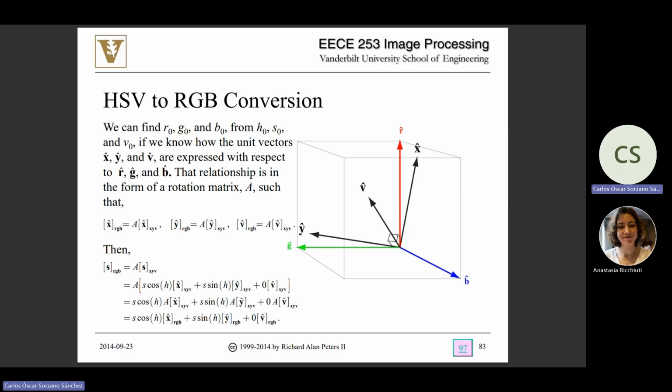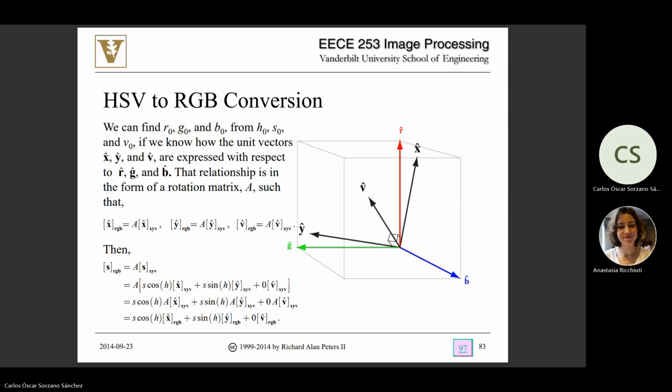So the matrix times the coordinate. What are the coordinates? It will be the matrix times, this is the coordinate, and this will be the coordinate of x. So the expression of the unit vector x in the XYV coordinate system. And then the coefficient times the representation of y in the XYV and 0 times the representation of v in the XYV.